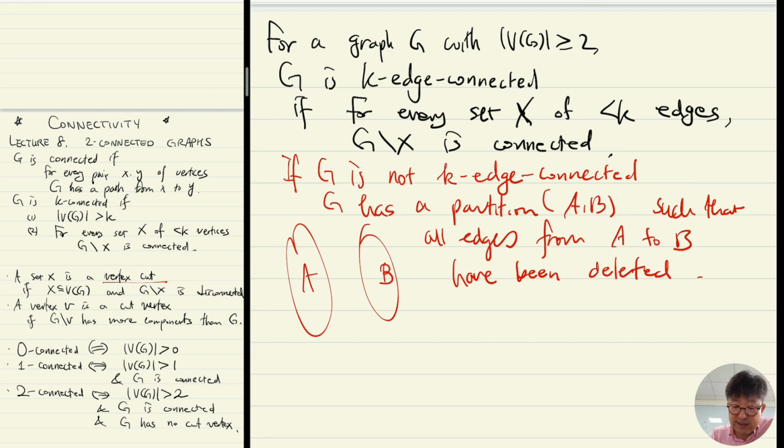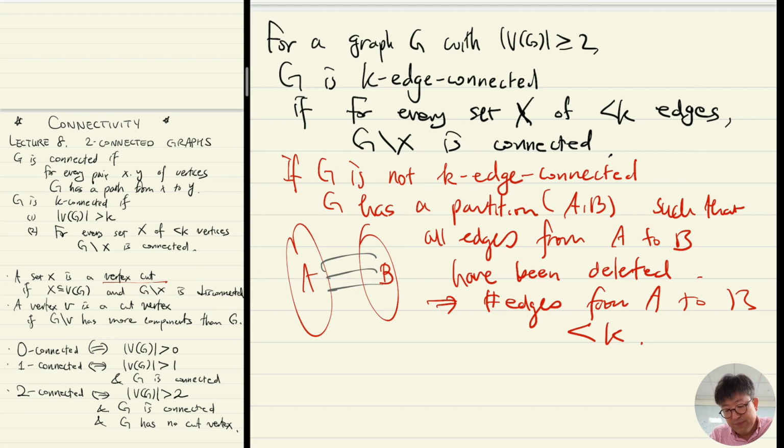Because G delete X is disconnected. What does that mean? That means the number of edges from A to B is less than k. The number of edges between A and B is small, less than k. Now there's no need to delete any other edges.